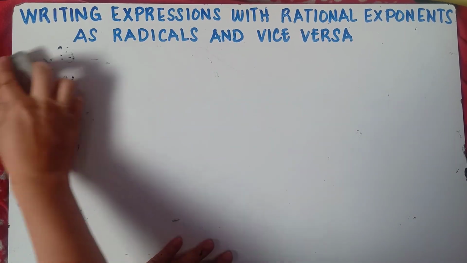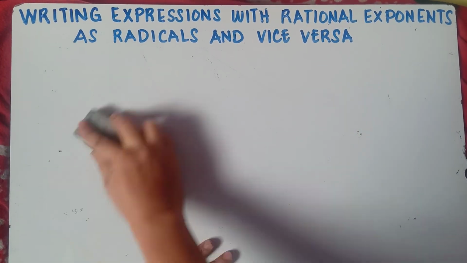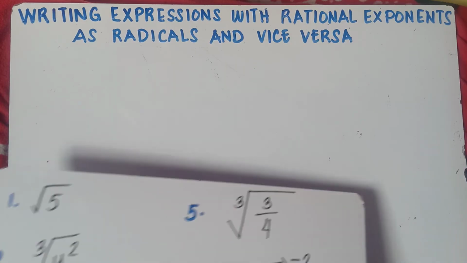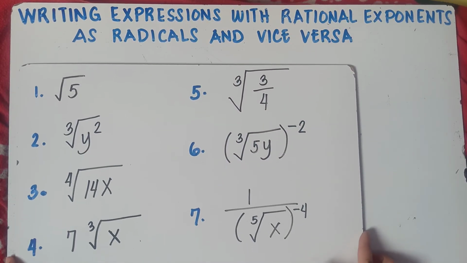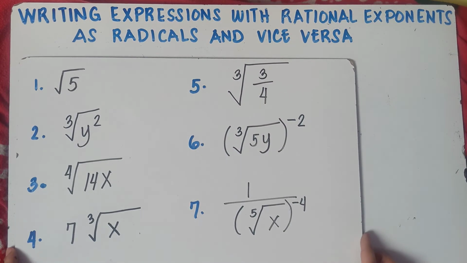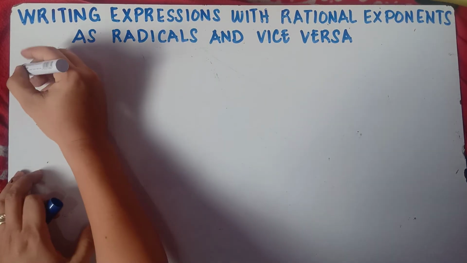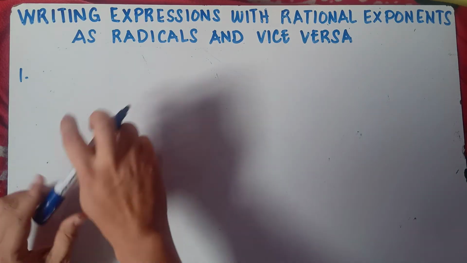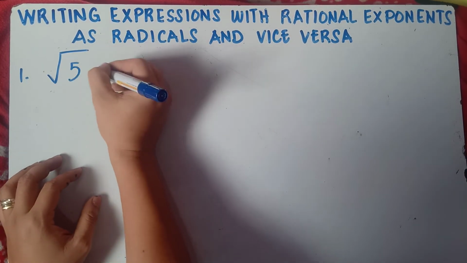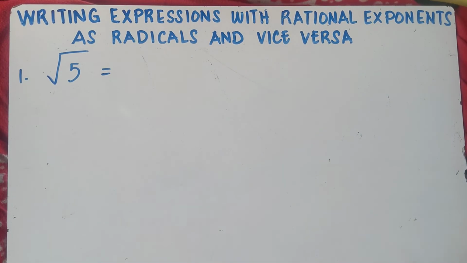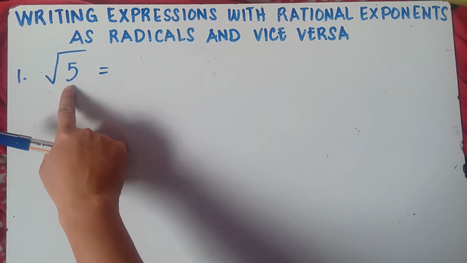Alright, next we convert radical form into rational exponents. So we have square root of 5, cube root of y squared. Let's have number 1, square root of 5. To convert this one is very easy, class. Simply copy 5.